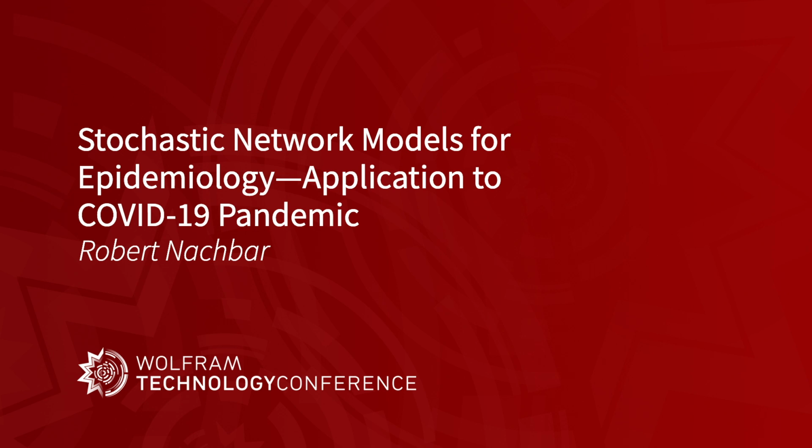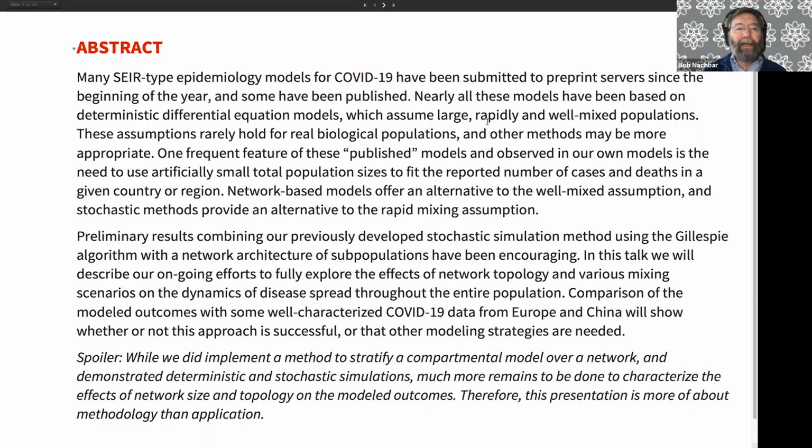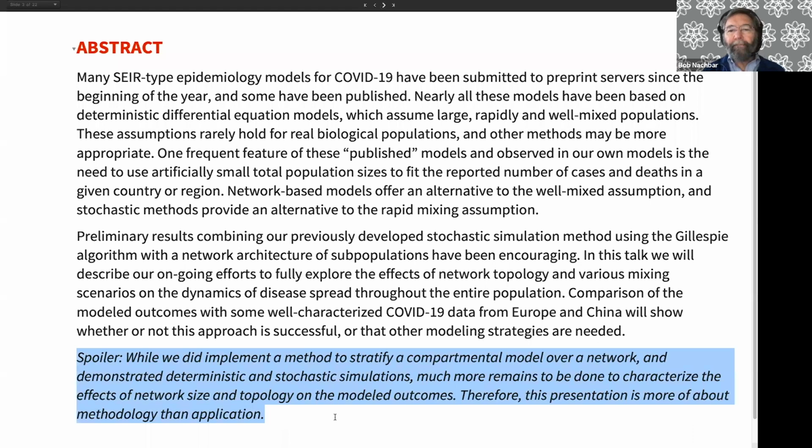So here's the abstract, but what I want to point out is a little bit of a spoiler. While we did do some modeling with stratified models over networks and some stochastic modeling as well, a lot more needs to be done to really understand what they can contribute to modeling a pandemic, an epidemic outbreak, and so on.